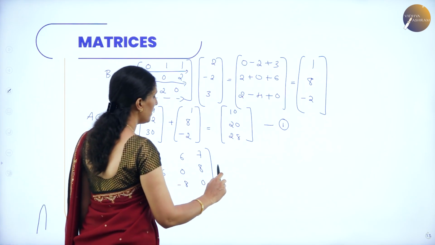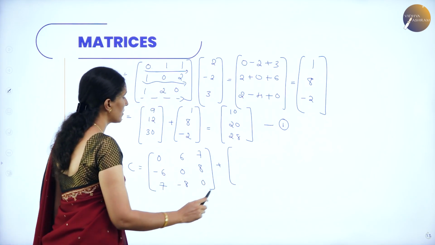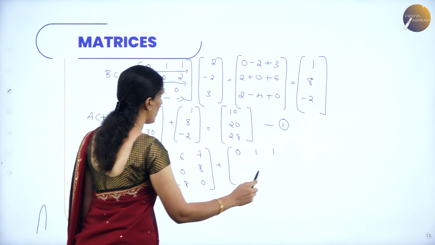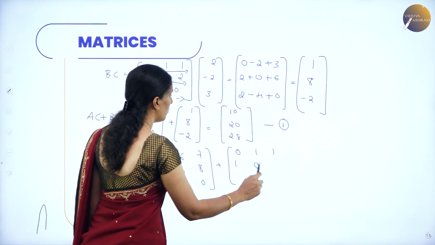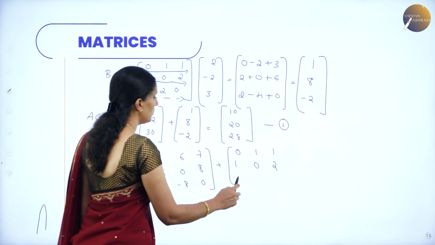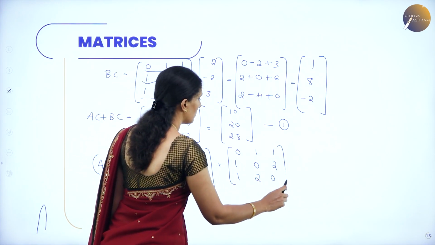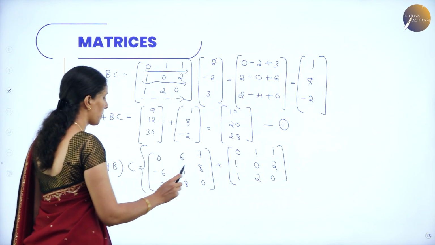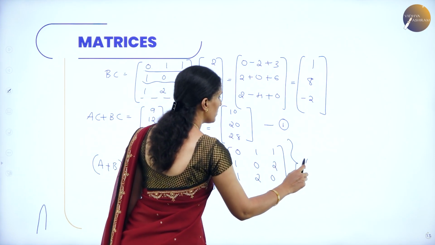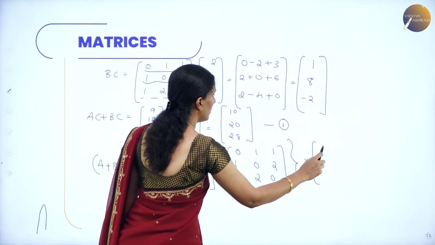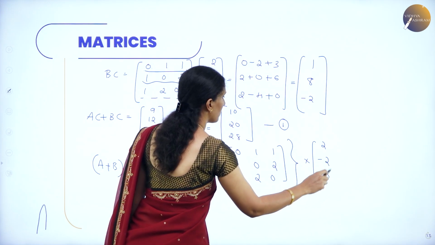Then let's take B. So B is 0, 1, 1, 1, 0, 2, 1, 2, 0. So this is into C. So C is here 2, minus 2, 3.